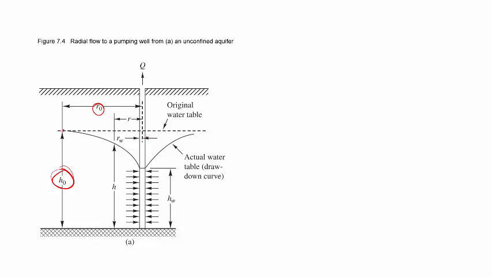Okay? So if you have the radius from the well, then this is the drawdown at that distance from the middle. So here's the drawdown at any other distance R. So remember, the drawdown would be H naught minus H. Okay?